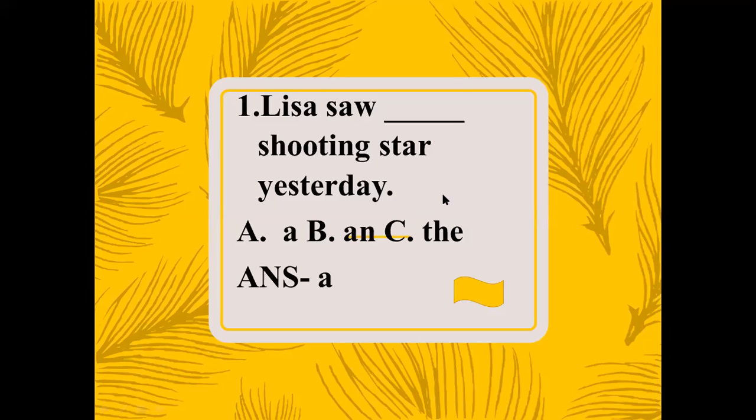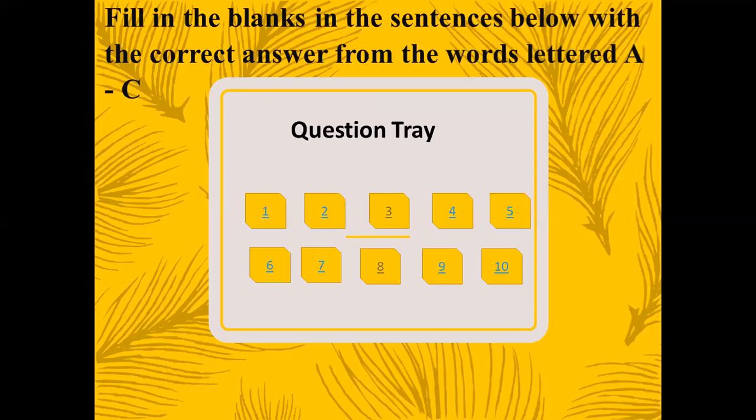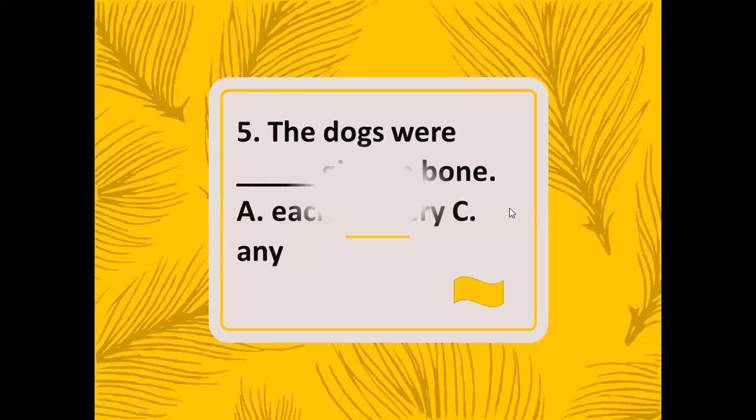Now boys, it's your turn. Pick a number now. A representative from the boys. Number 5. The dogs were thus given a bone.